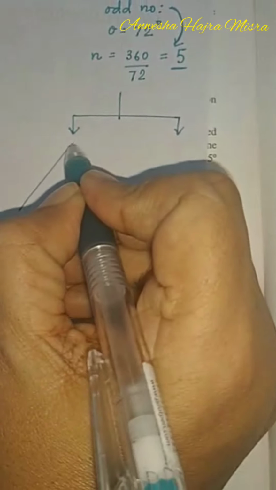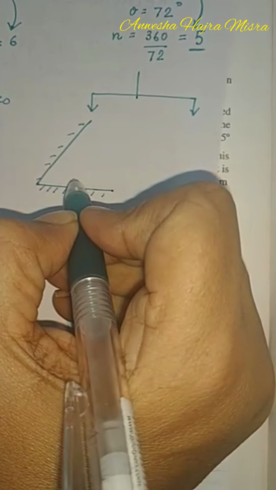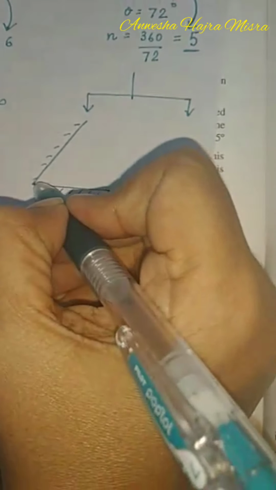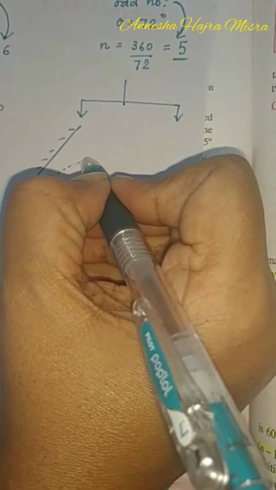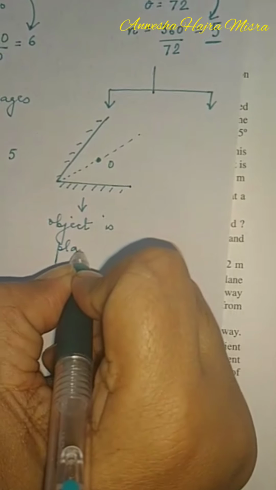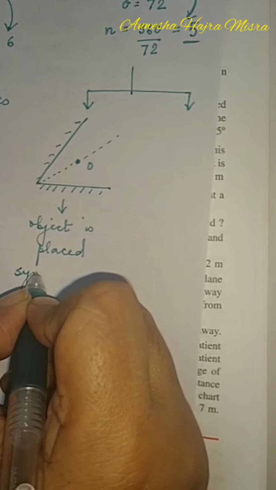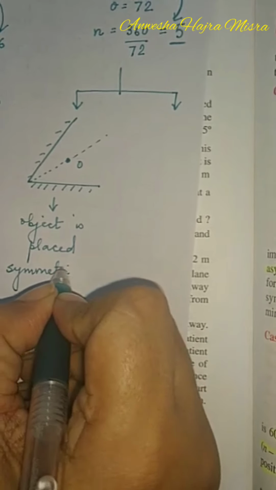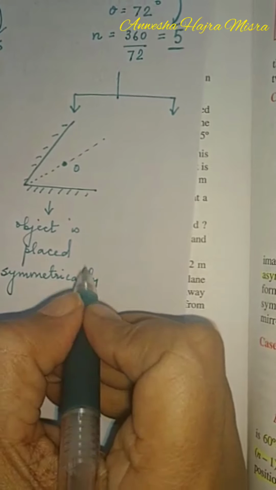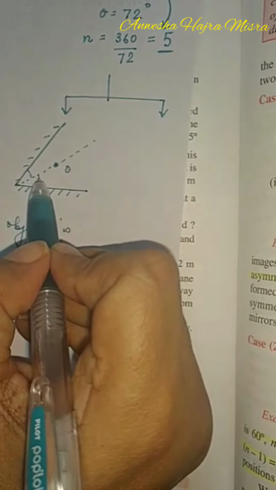Now, these are the two mirrors. If the object is placed symmetrically, now what do you mean by symmetrically? If you bisect the two mirrors, and the object is placed anywhere, this is the object. If the object is placed symmetrically, that means the object lies on the bisector of the angle.